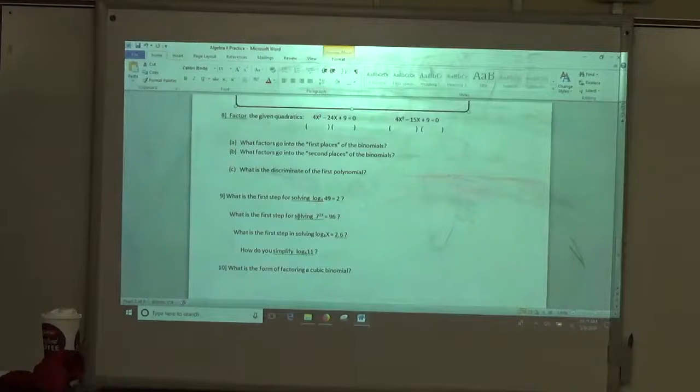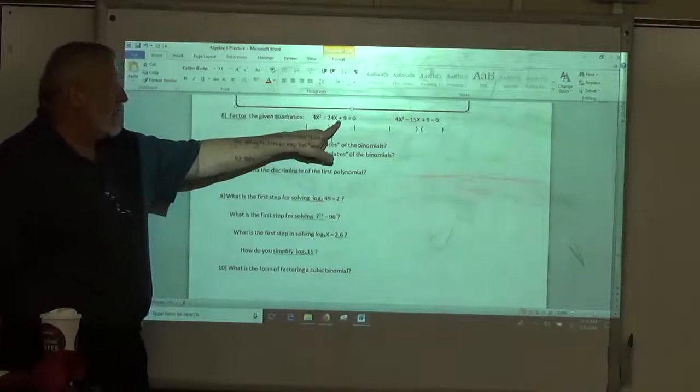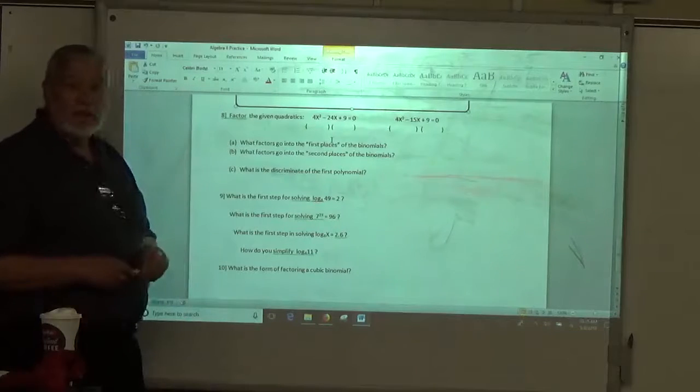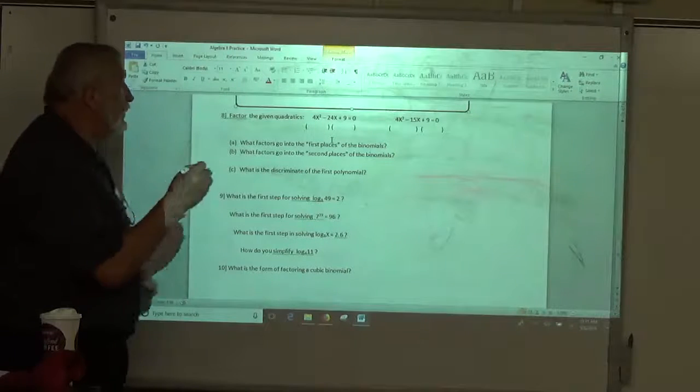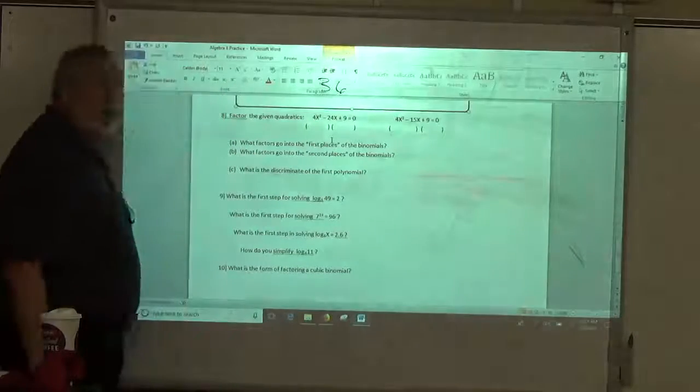Okay, so factoring the given quadratics. Now here's a question. What are the possible factors that go into this problem? They are factors of what number? These are factors of 36.